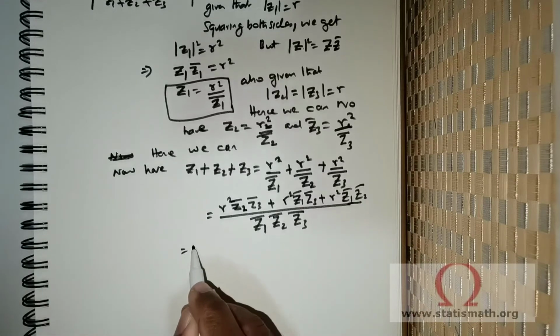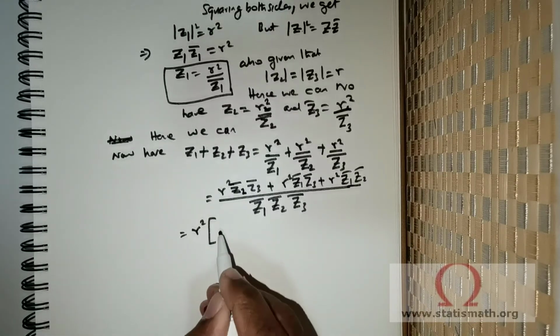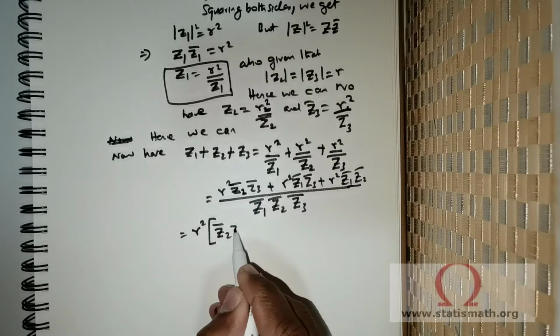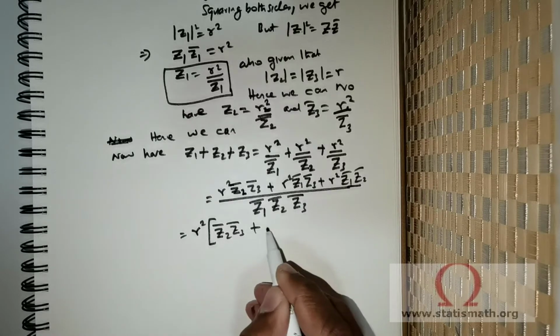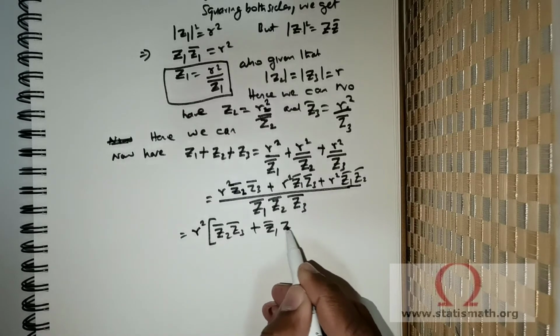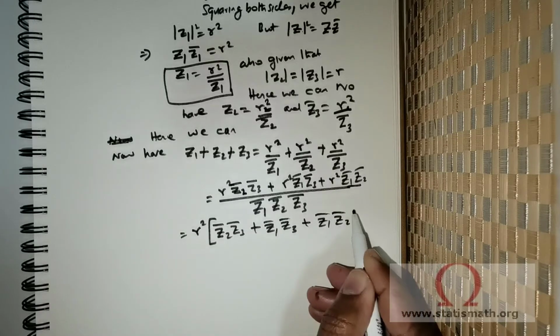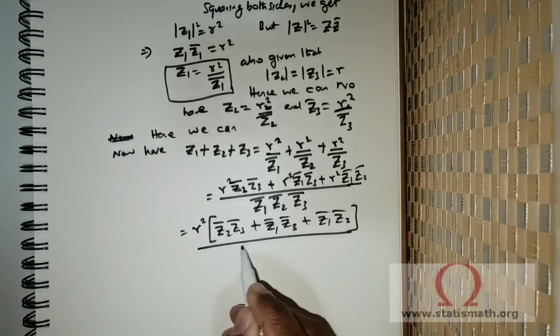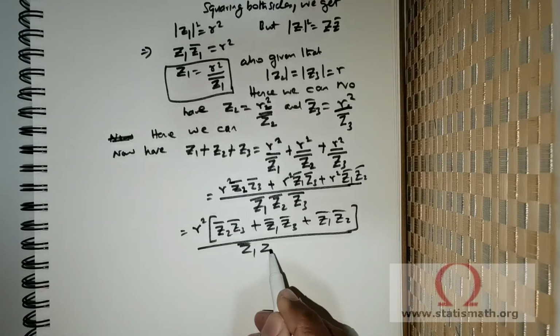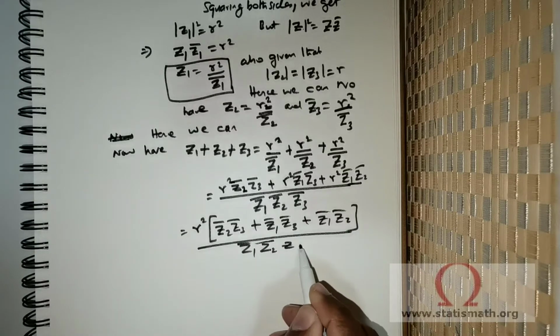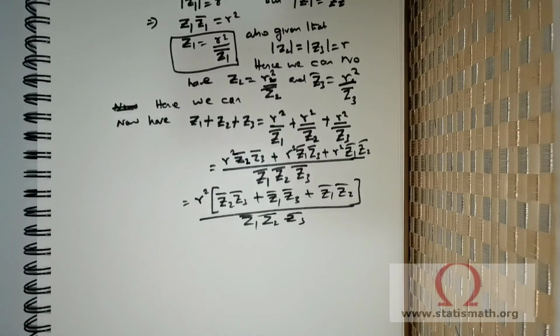R squared is common everywhere, so you take r squared out, you get z2 bar z3 bar plus z1 bar z3 bar plus z1 bar z2 bar, divided by z1 bar, z2 bar and z3 bar. You got it like this.